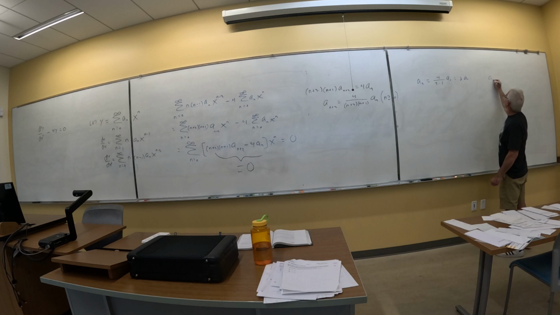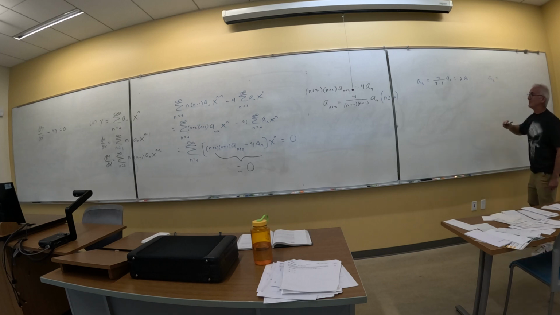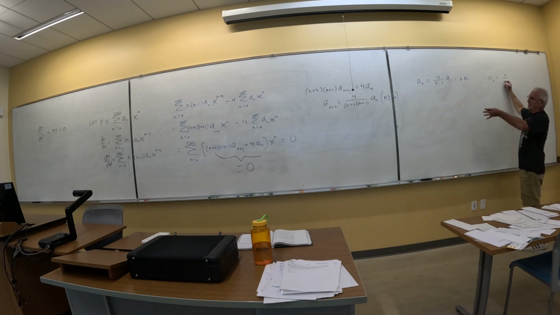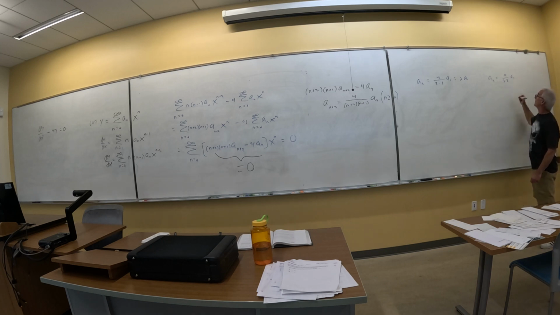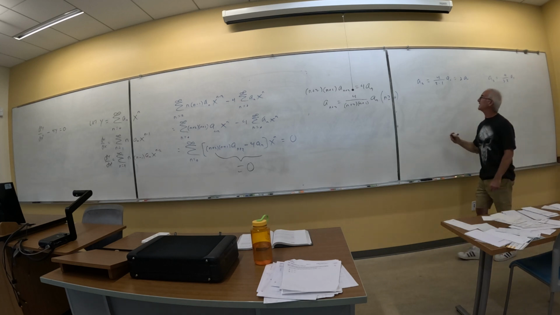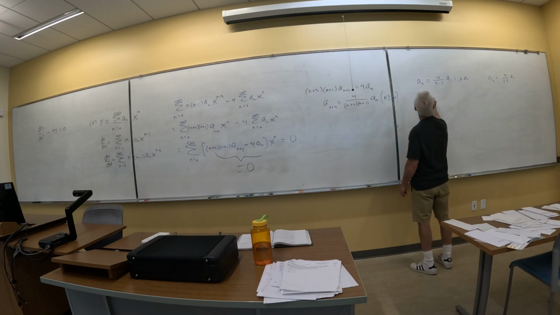So over here, what's a3? That means n equals 1. 4 over 6. Well, I'll write it 4 over 3 times 2, times a1. Now come back to here. What's a4?